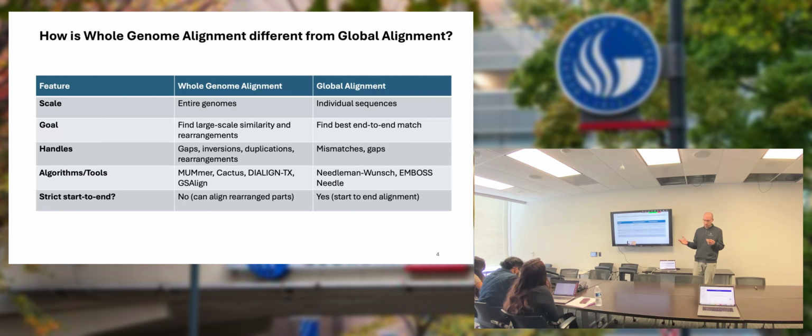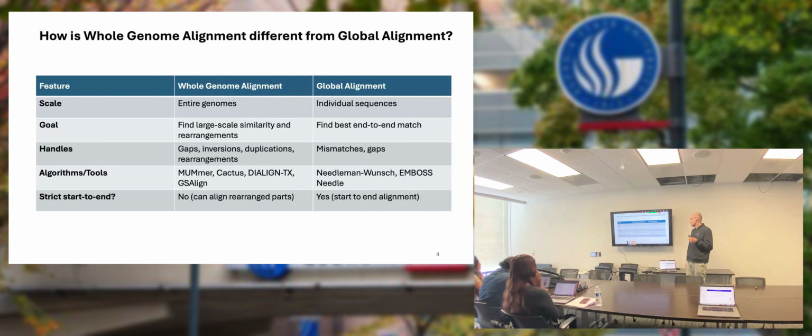Entire genome can be consisting of many contigs, like shorter fragments of a genome. But for global alignment, we consider like two individual sequences, and we try to find the best start to end alignment.